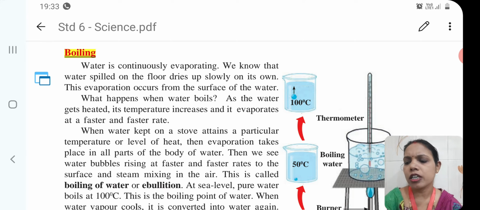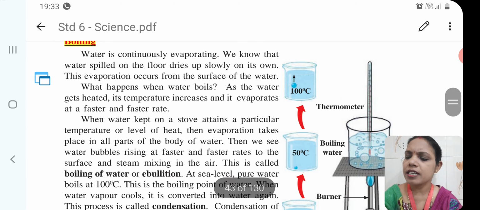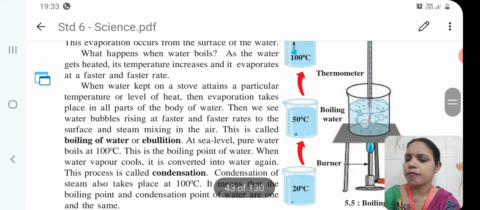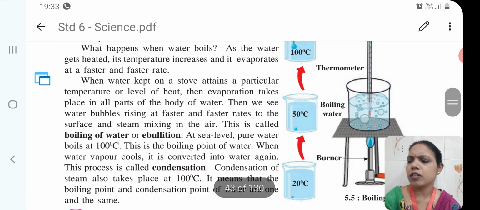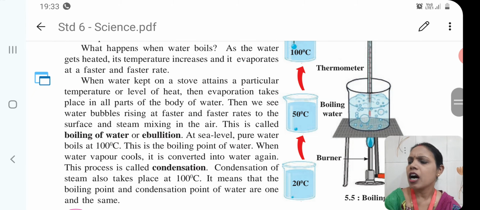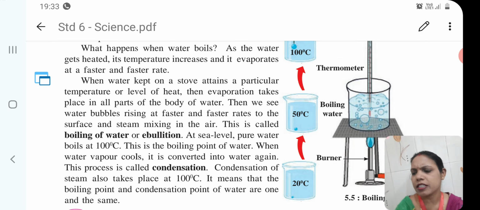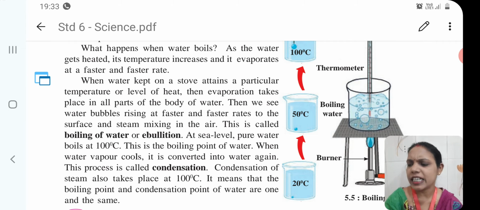As the water gets heated, its temperature increases and it evaporates at a faster and faster rate. When water kept on a stove attains a particular temperature or level of heat, then evaporation takes place in all parts of the body of water.